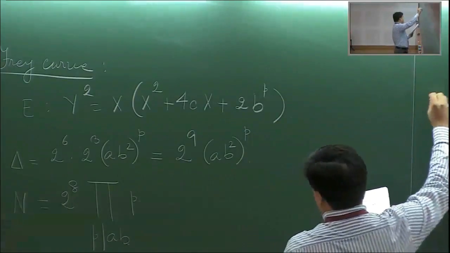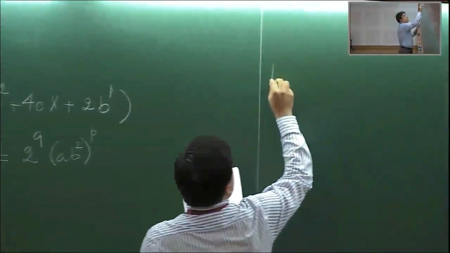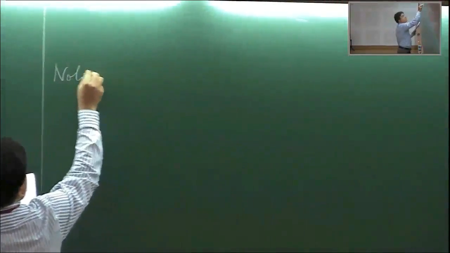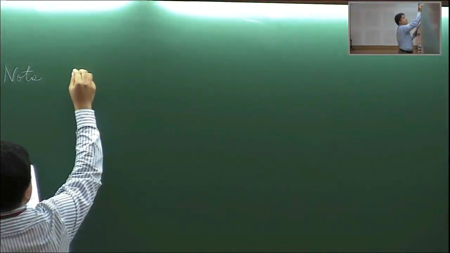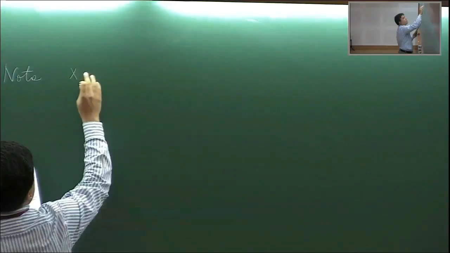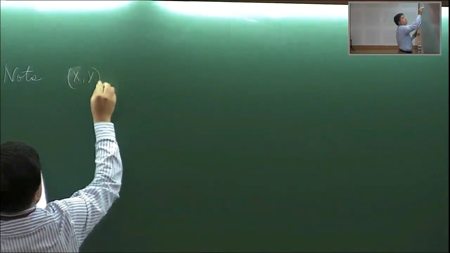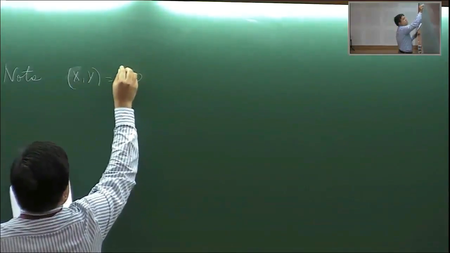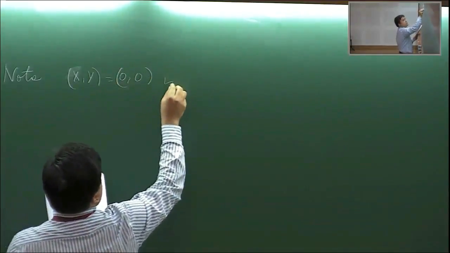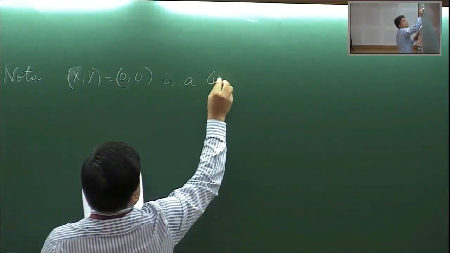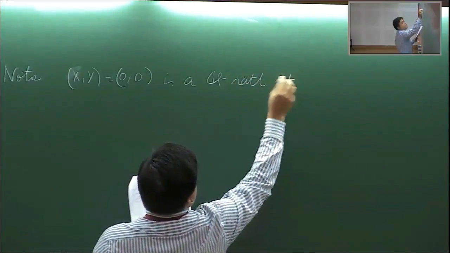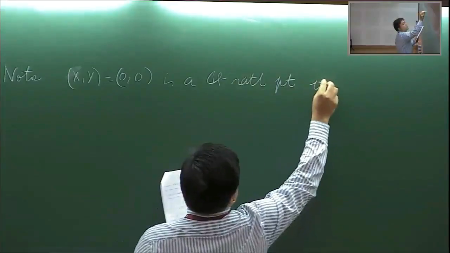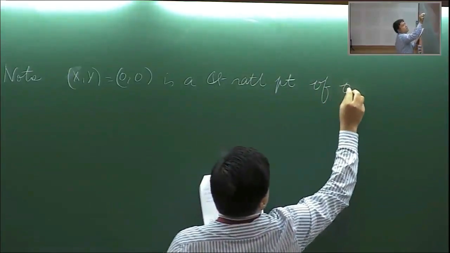Okay, and also note that the point (0, 0) is a rational point of order 2.